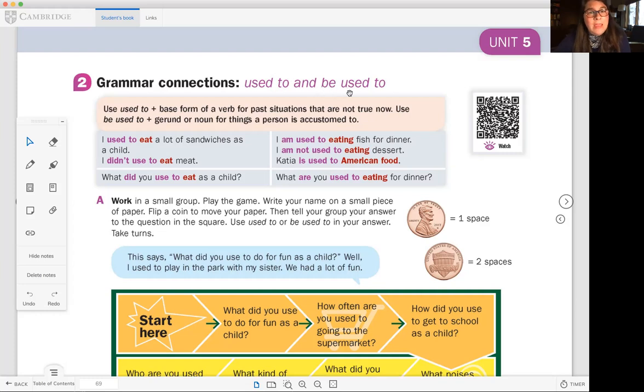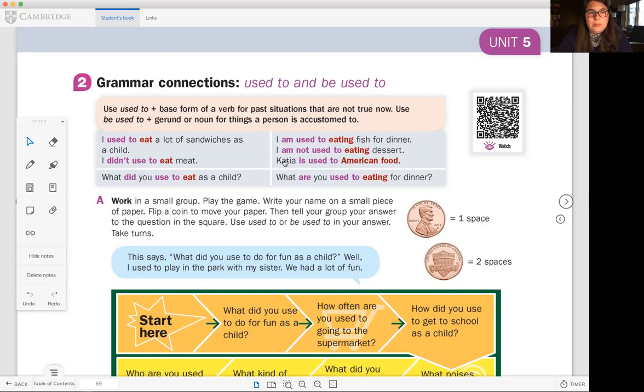Be used to looks very similar, but has a different meaning. So we're going to study this and practice this, but I want you to know it's not on the Unit 5 test. I will give you plenty of practice because we say these all the time. It's important you understand and can practice, but it's not on the test. So you can relax and just practice.